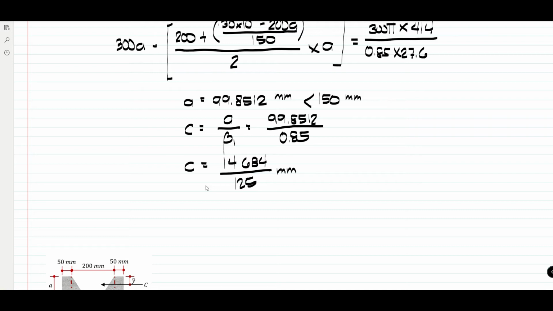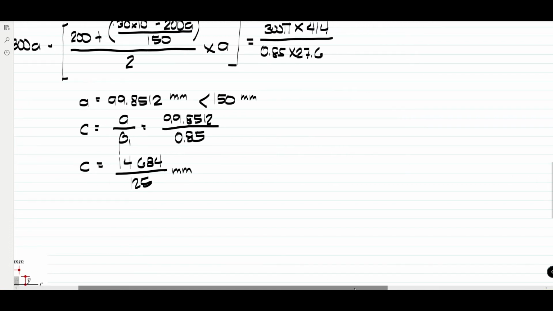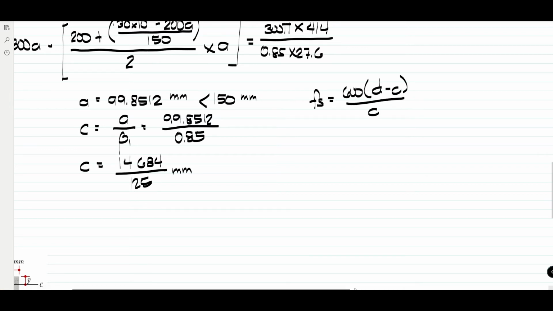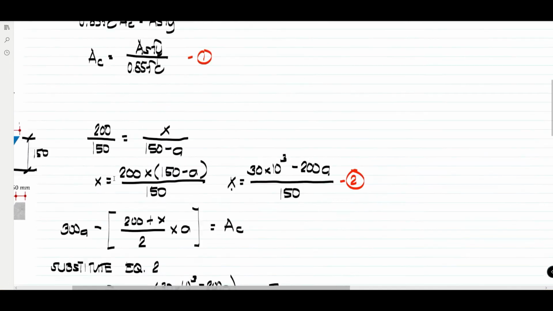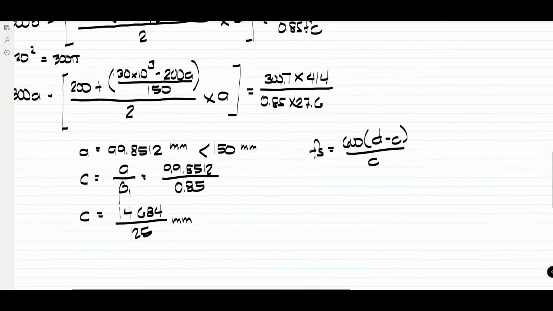So ngayon, from this one, we could get kung mag-yield yung steel o hindi. So this is by using the equation Fs is equal to 600 D minus C over C. So for our sample, yung D kasi natin binigay na niya. So ang D natin dito is yung 430, so wala na tayong problema.